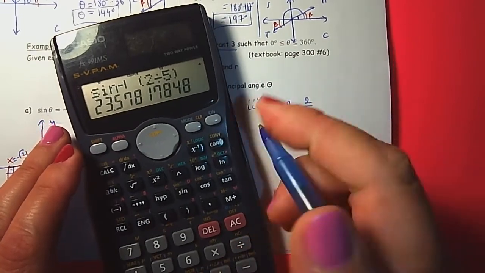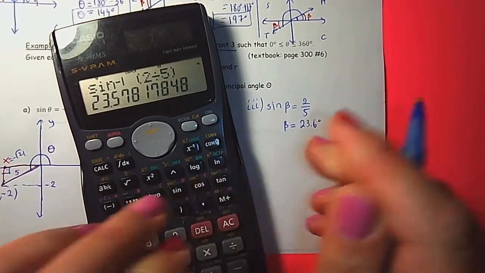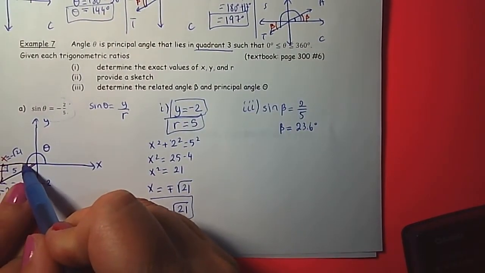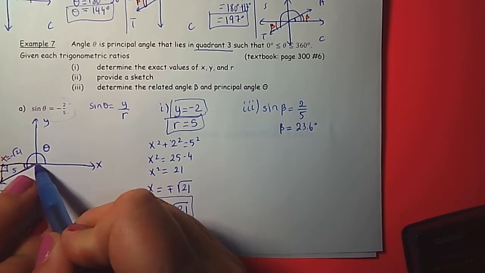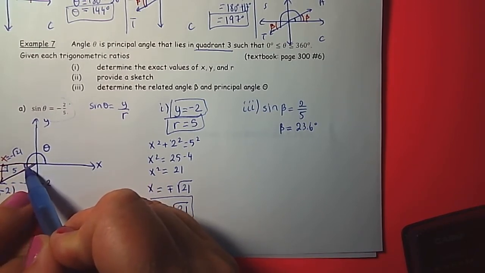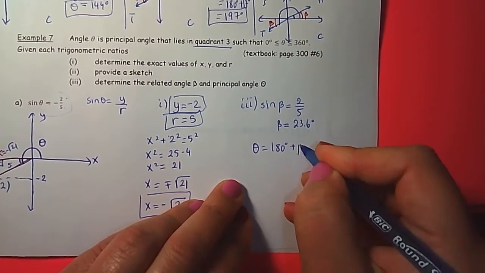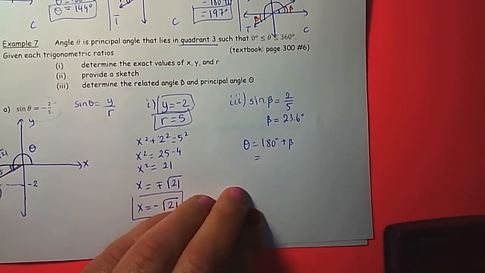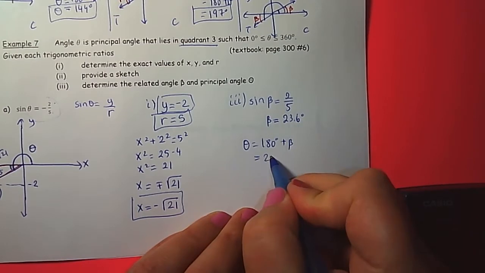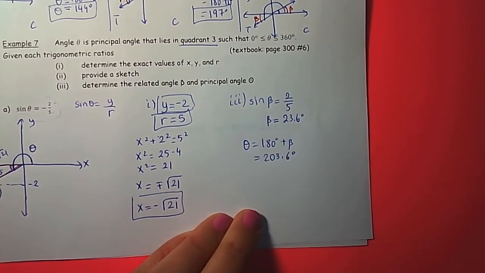That gives us 23.6 degrees. Okay, so after finding beta, and this is beta here, right? So we can get theta. Theta is going to be 180 plus beta. We just add 180 to this, and that gives us 203.6 degrees.